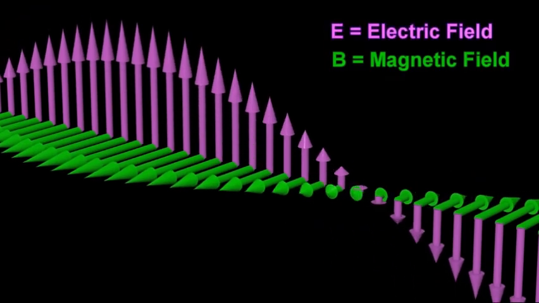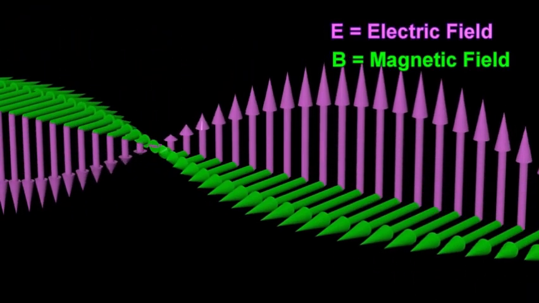Hence, the electric and magnetic fields are in phase with one another.